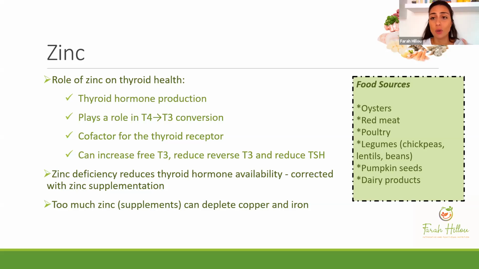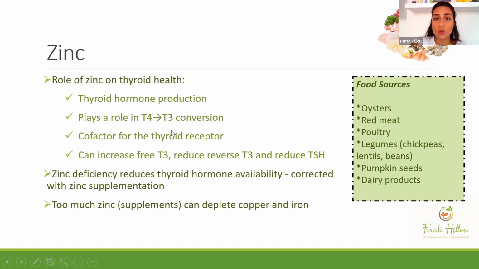But even if you are consuming sufficient amounts of a nutrient, you might not be absorbing it very well, and this can still cause an insufficiency, not necessarily to the degree of a deficiency, but it can still lead to certain conditions, in this case, thyroid issues as well. So it's really important to differentiate between an insufficiency and a deficiency.